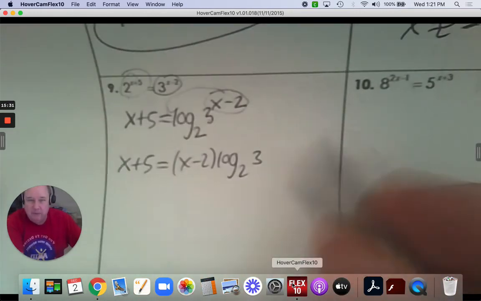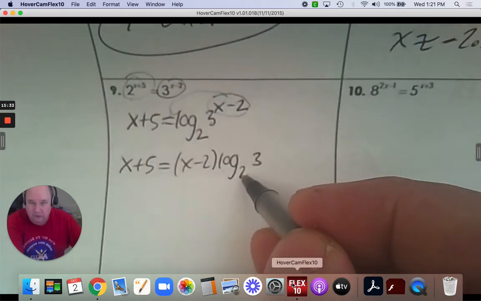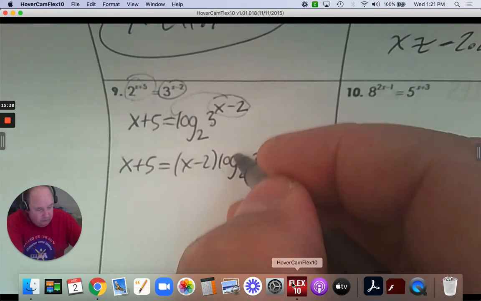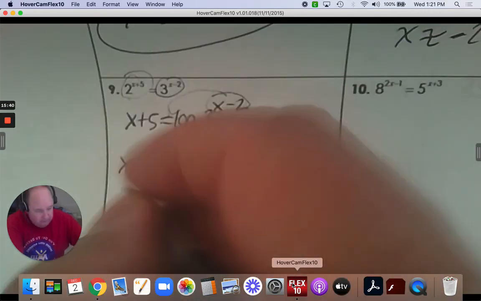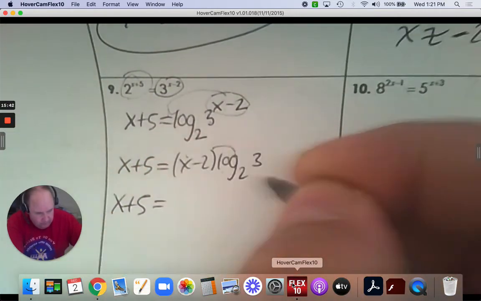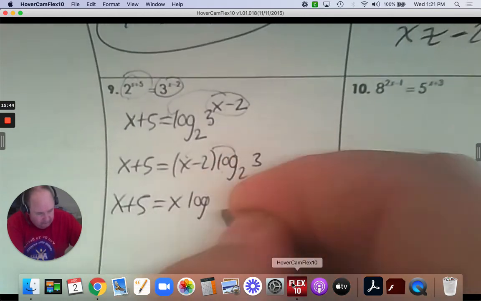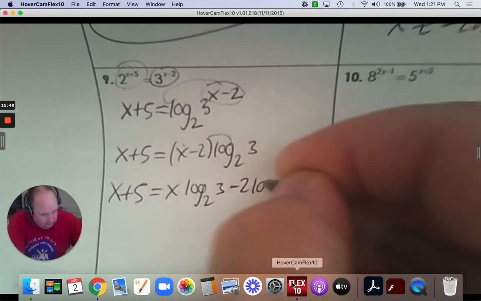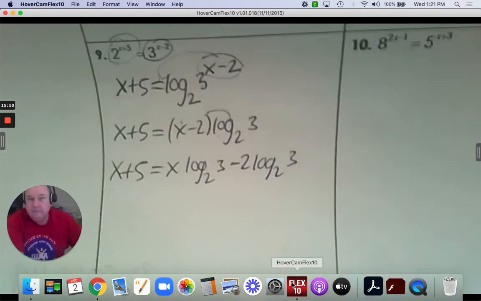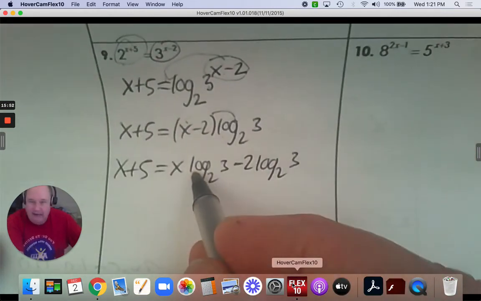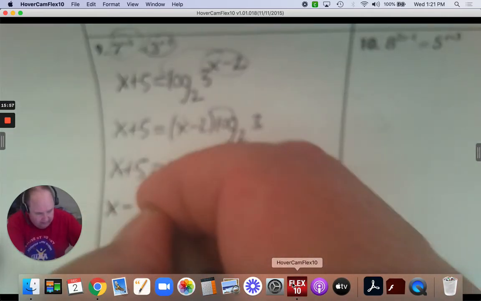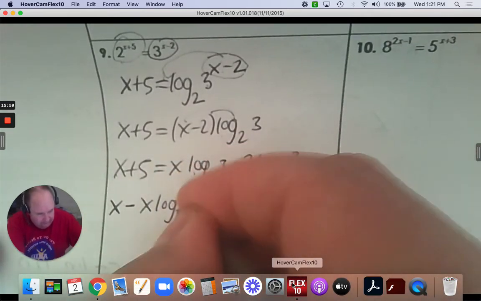Now, remember that log 3 base 2 is just a number, like 5 or 8 or 8.1, whatever. You can distribute that number to remove the parentheses. So that's x times log 3 base 2, and then distribute. Now, I want to gather all the x's together. So to do that, I'm going to subtract x and that logarithm.